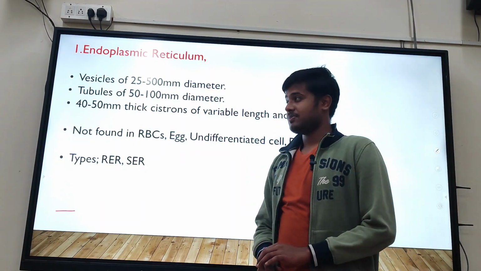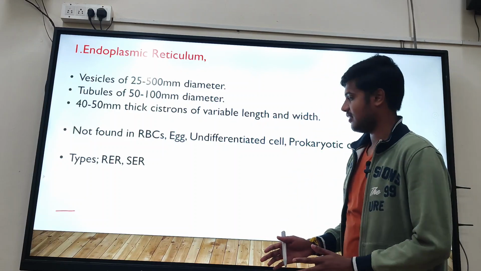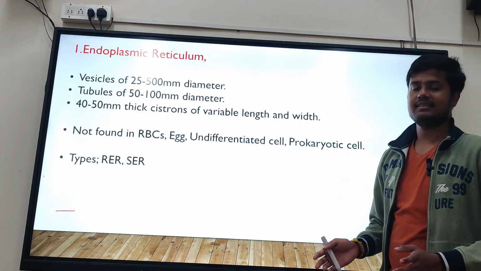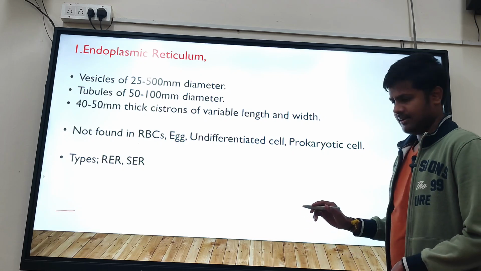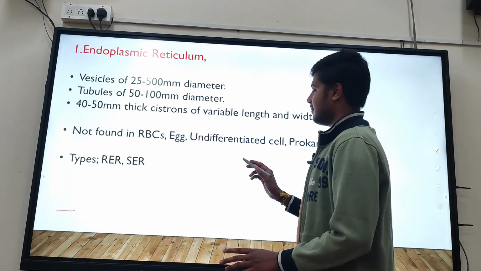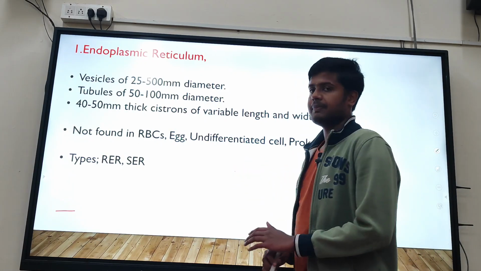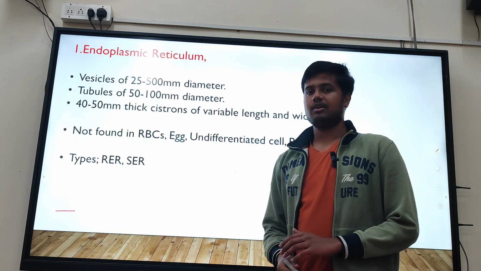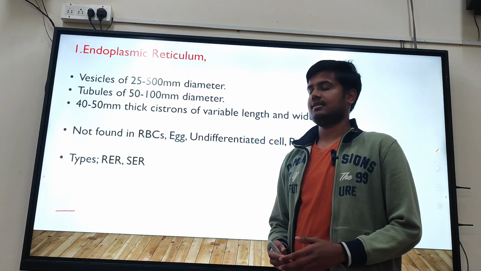Before going to endoplasmic reticulum, let's recall the concepts of last class. I left out one concept, which is the genome of mitochondria. What is the genome of mitochondria called?